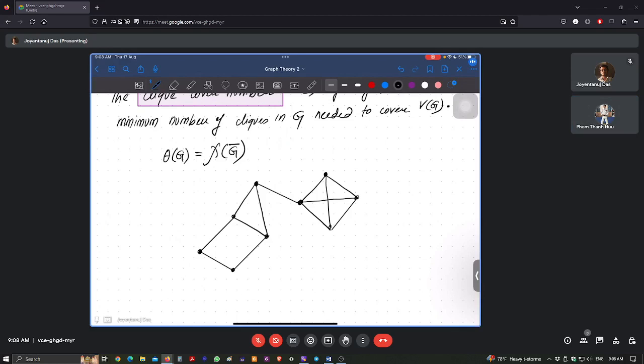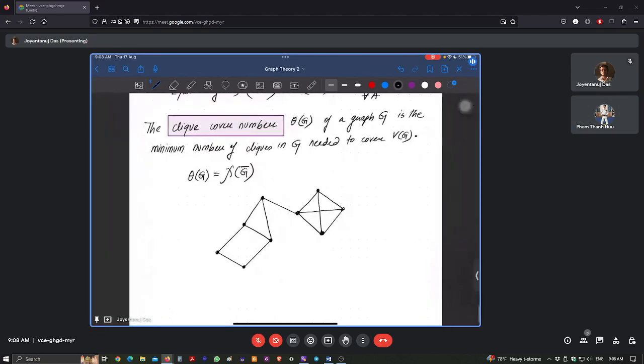The question is how many cliques we need to cover all the vertices. That will give you the minimum number of cliques required to cover the whole vertex set.